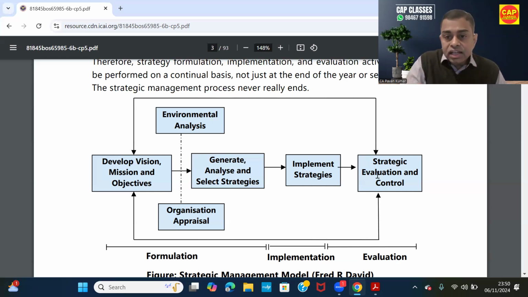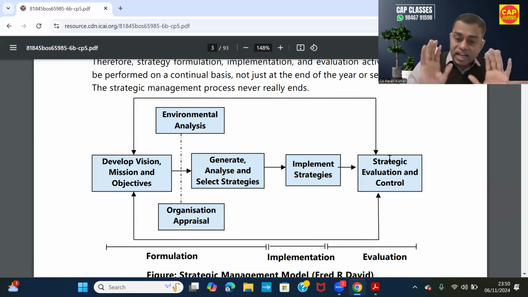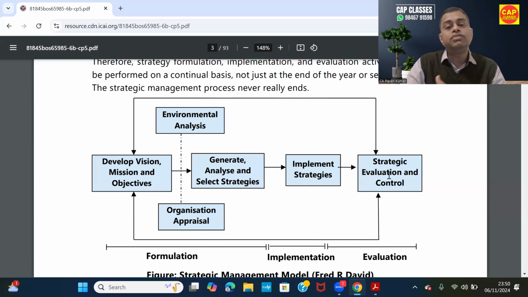So we reached the third phase. The ongoing strategy is to be evaluated and reviewed. That is where we are. So what is the meaning of strategic control? What is the meaning of evaluation? What do we do in this phase? We are going to learn in this particular class.